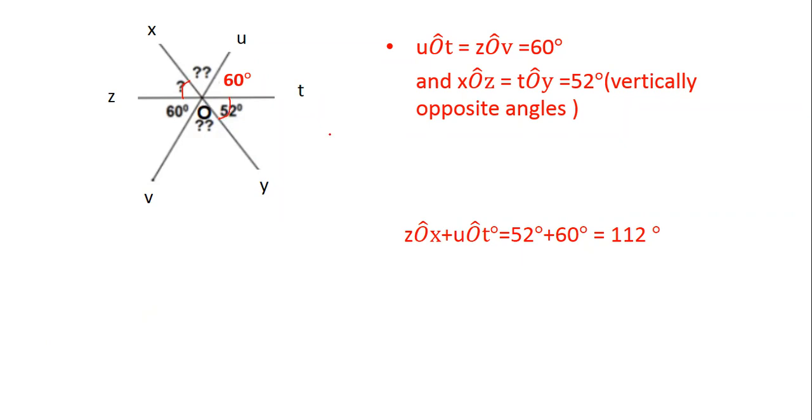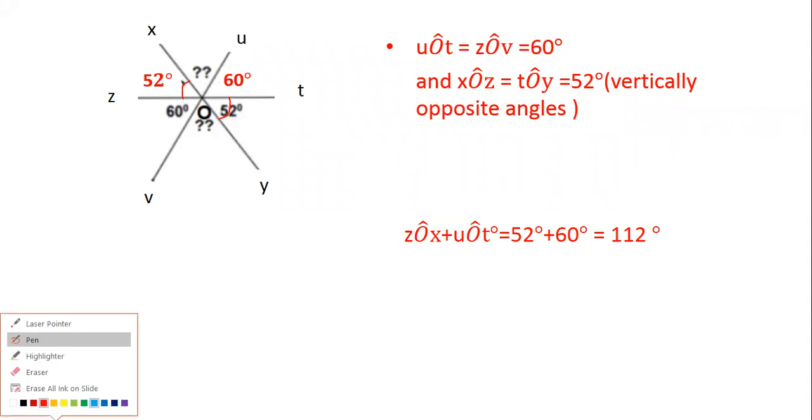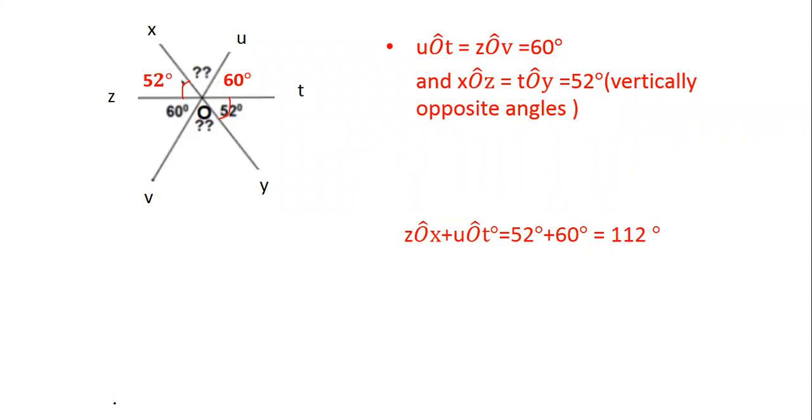They are equal in measure because they are vertically opposite angles. So XOZ will be equal to 52 degrees. Okay, I want to continue. Now, after finding this measure and the measure of this angle, I'm going to put here 2. They are equal to this one, vertically opposite angle also.